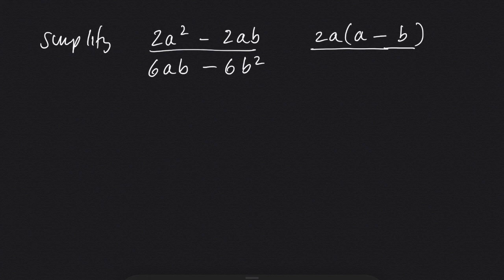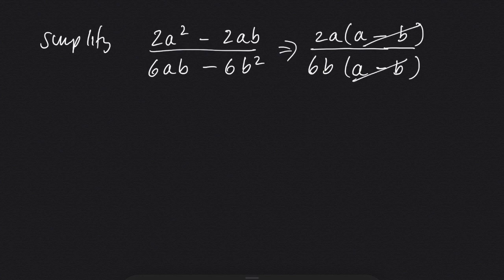On the bottom half, we have something quite similar. If we have a 6 on the outside of some brackets, we also have a b on the outside. 6b multiplied by a, and 6b multiplied by negative b, gives us also a minus b. So we've got something we can simplify here. We can say a minus b is on the top and it's on the bottom.